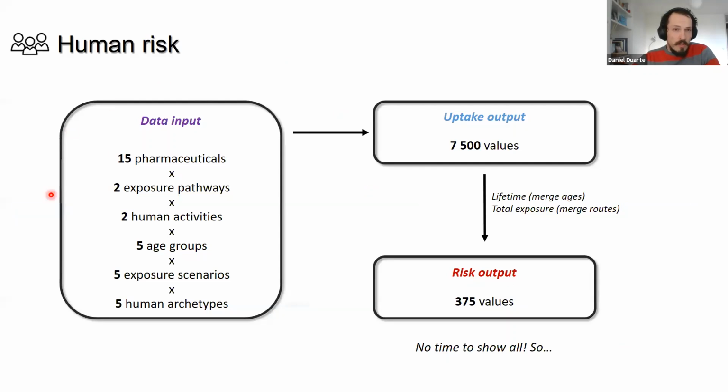So we had all this data to plug into our model, and we calculated around 7,500 uptake values for these pharmaceuticals. Once we merged them so that it corresponds to a lifetime of exposure, and we combined all the exposure routes, the oral and dermal, we ended up with 375 risk quotients.